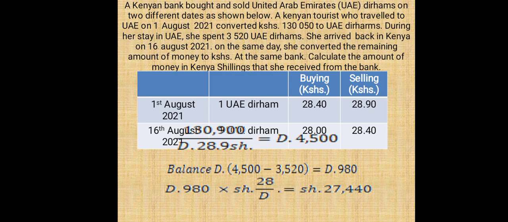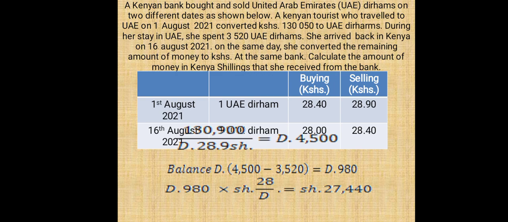A Kenyan bank bought and sold United Arab Emirates dirhams on two different dates as shown below. A Kenyan tourist who traveled to UAE on 1st August 2021 converted 130,050 Kenyan shillings to dirhams.